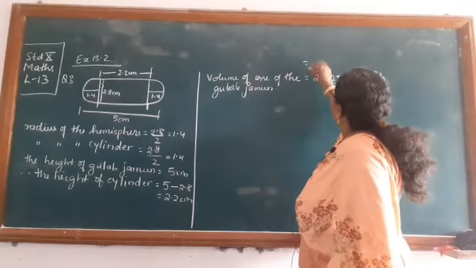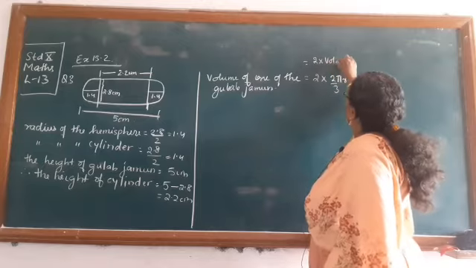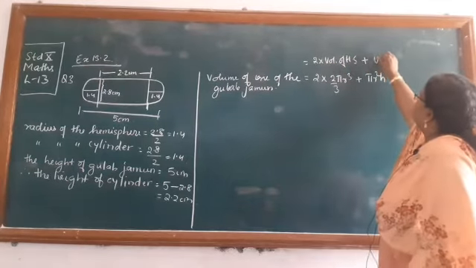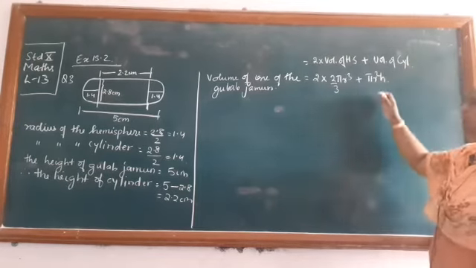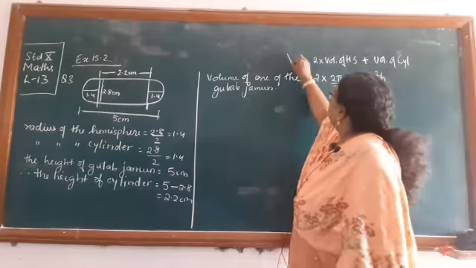So, you can write the formula as 2 into volume of hemisphere plus volume of cylinder, and that is this. So the volume of the gulab jamun will be equal to this.